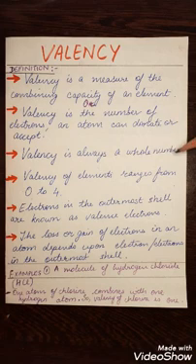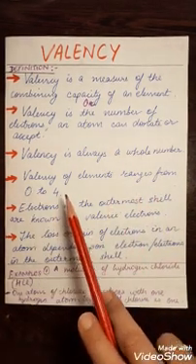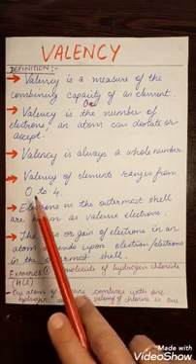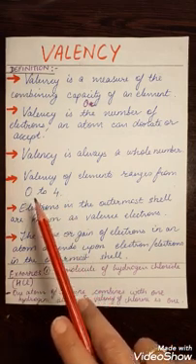Valency is always a whole number. It is not a fraction or a decimal, and valency of elements ranges from 0 to 4. So 4 is the maximum valency of the elements and 0 is the minimum valency.